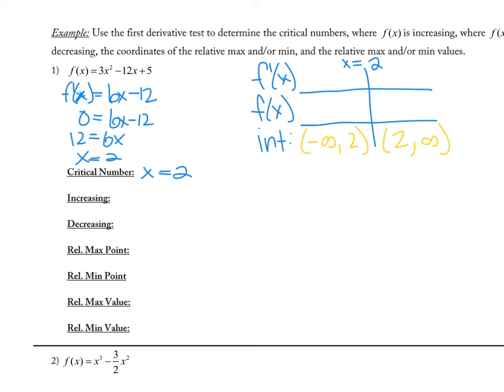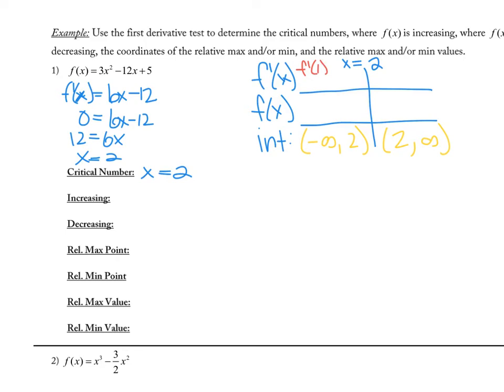Next thing. The first derivative test means we actually need to test numbers in the derivative, hence the first derivative test. So you just need to pick a number to the left of 2. Essentially it's any number from negative infinity to 2 because that's the interval we're working with. I'm just going to use 1, so I'm going to do f prime of 1.